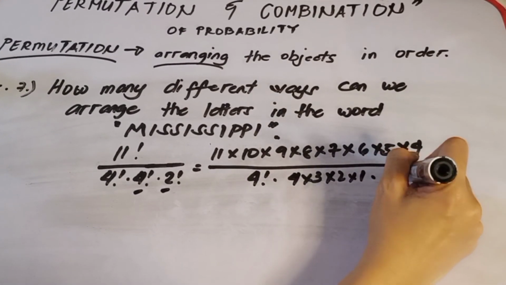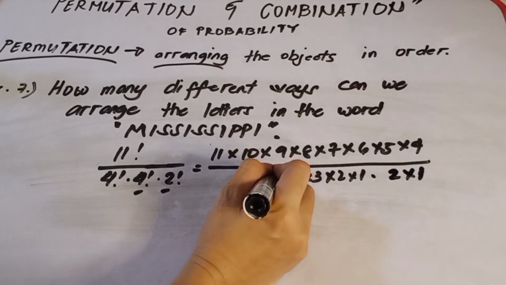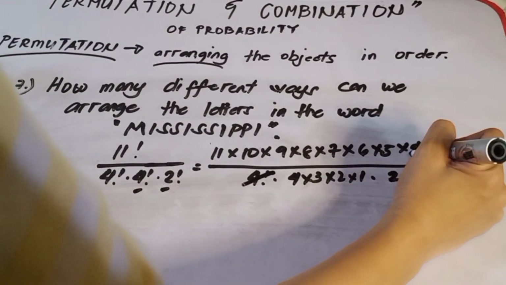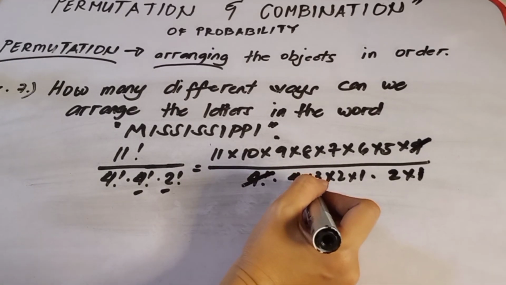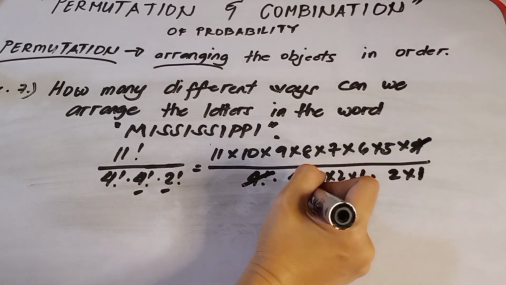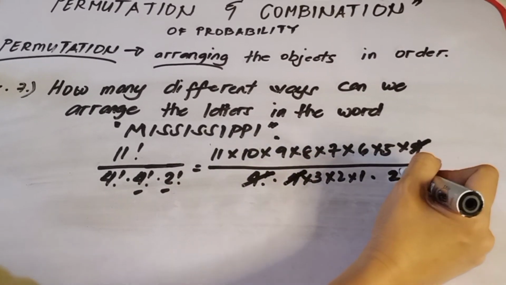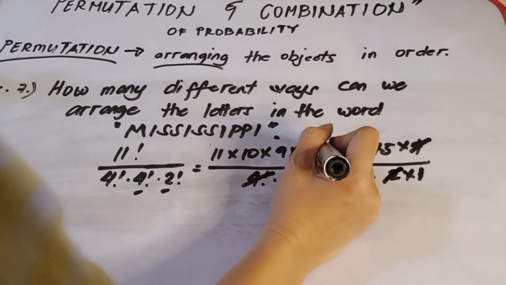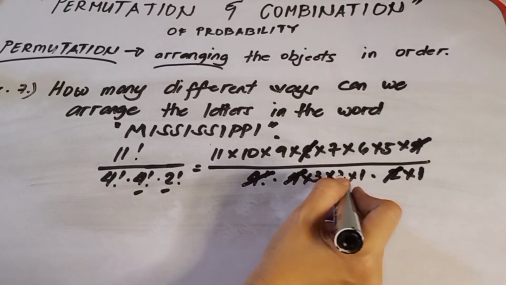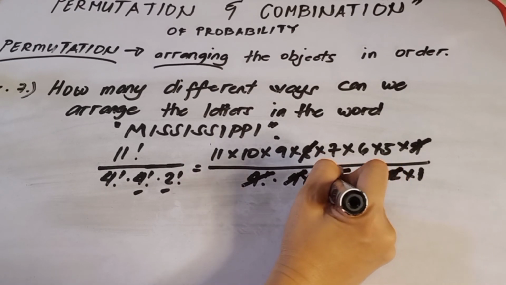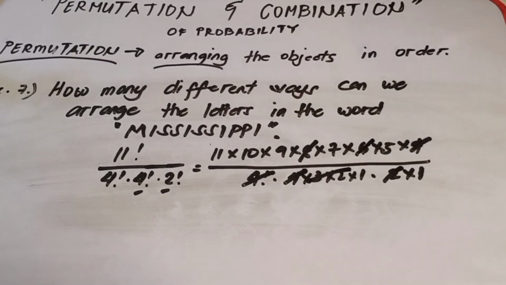So, that is 2 times 1. Okay. So, let's now cancel the 4 factorial and the 4 here. So, we have here 4 times 2. That's 8. So, let's just cancel the 4 and 2 and the 8 dun sa taas. And then we have 3 times 2 is 6. So, cancel na rin natin tong 3 times 2. That's 6. At yung 6 dun sa taas.